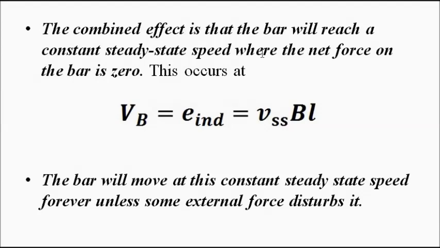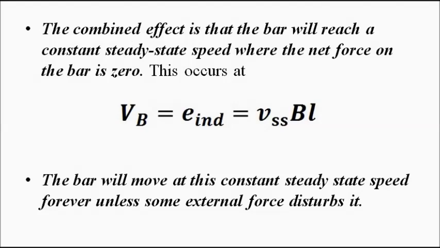At this speed the force acting on the bar is 0, because when it acquires a steady state speed, there is no change in speed with respect to time, so acceleration will be 0.